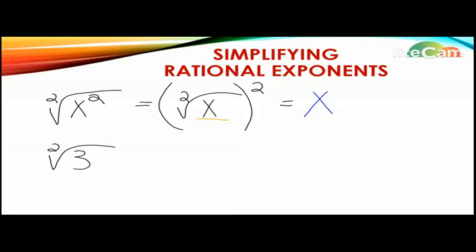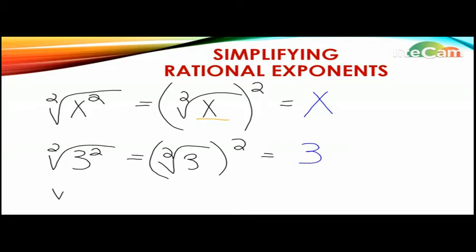Okay, let's do this one again. Again, the square root of 3 squared. Well, what's 3 squared? 9. So the square root of 3 squared is really just 3, right? Whatever's under the radical. I can still write it both ways, but the answer is just going to be 3. And let's take a weird one, like 12, which is going to break down, but you're going to end up with a radical.